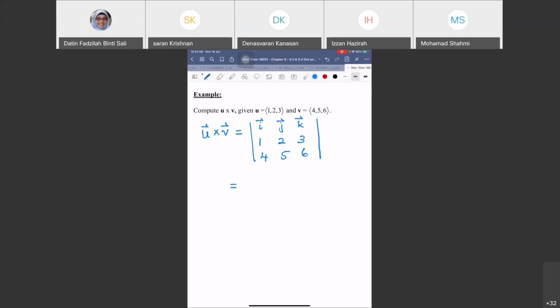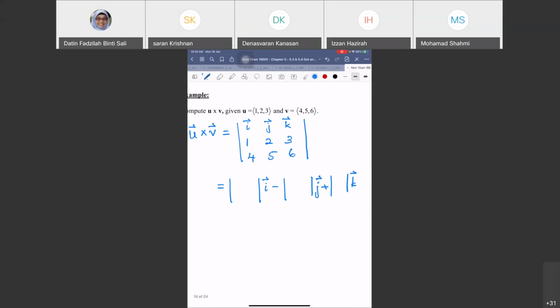And I would suggest you put it like this first: positive i, minus j, and then plus k. You write it like that first, so that the signs will be correct, plus minus.